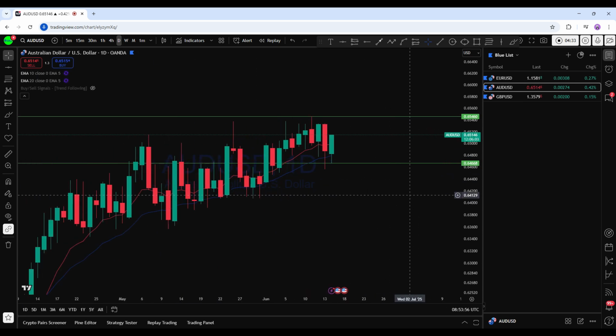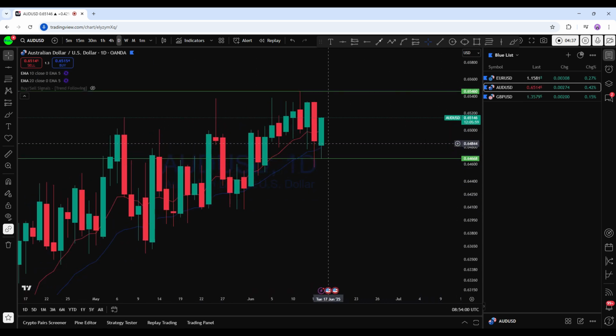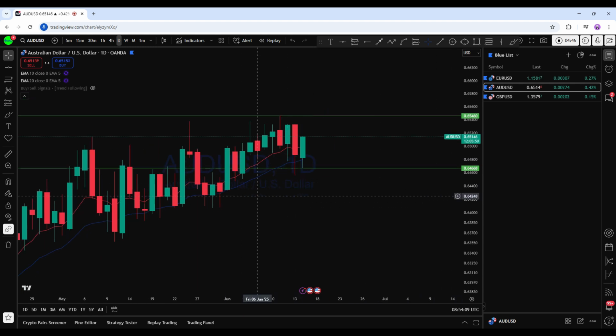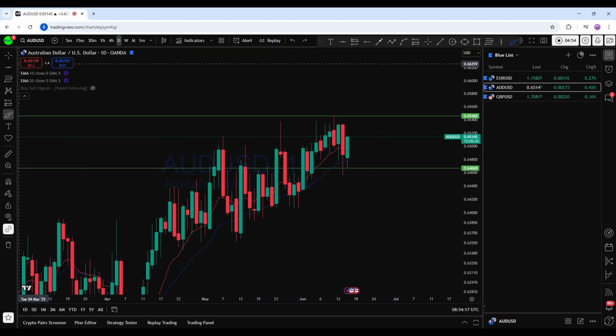Now dropping down to the daily chart, as we expected in the weekly forex forecast as well, the market crossed the 10 and 20 EMA, and from this level started to bounce back again. As there is a break of structure, we could see a potential trend continuation in this market to create a new higher high.